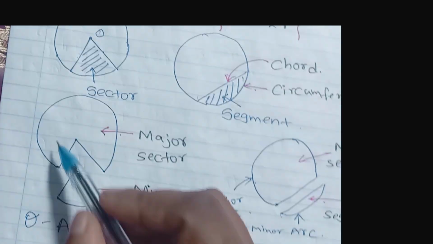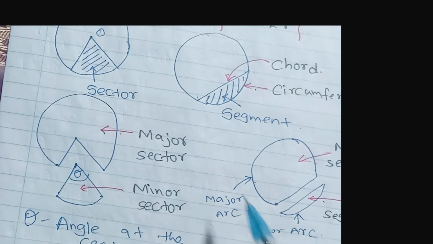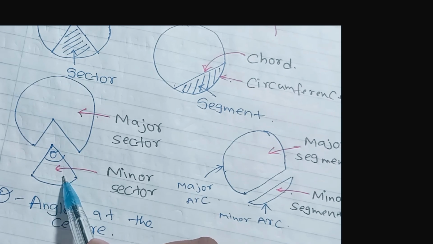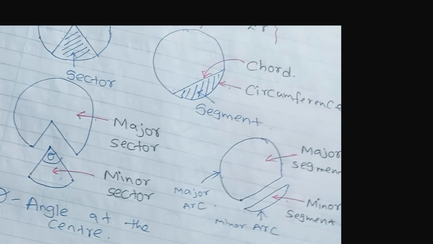When you are dividing like the sector, the large part of the sector is called the major sector, and the small part of the sector is called the minor sector, and the angle in between those two radii is called the angle at the center, right?